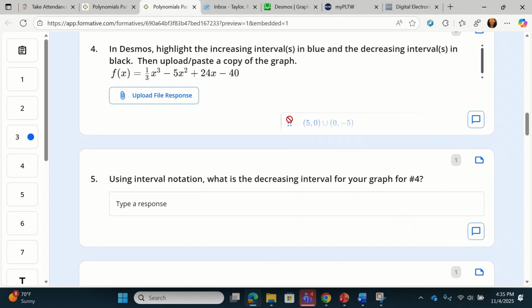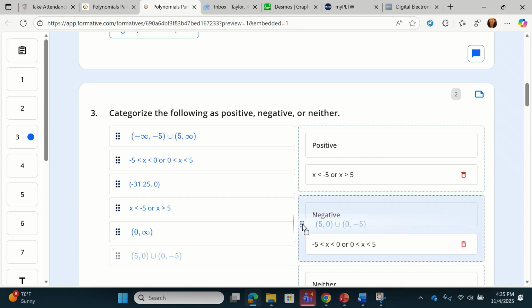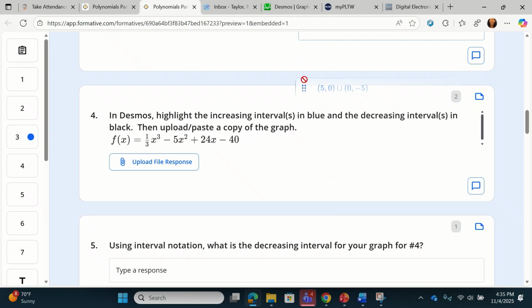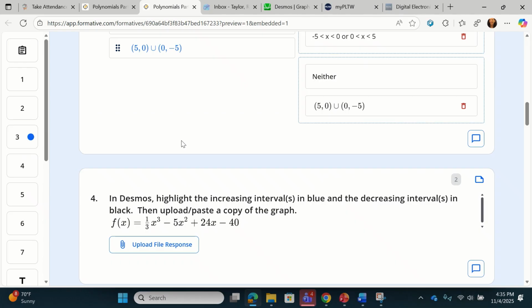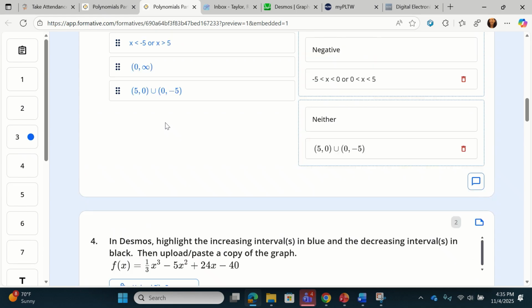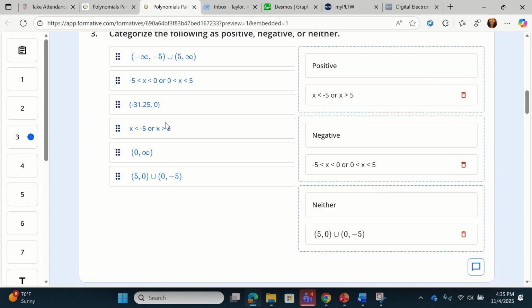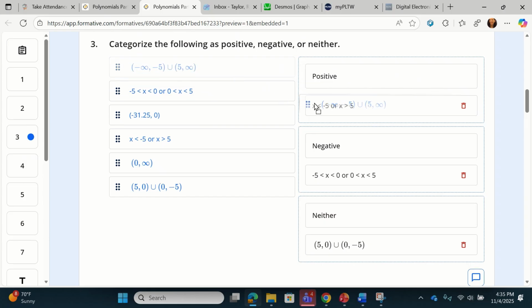I've got to categorize that as a neither. I think I meant to switch the 5 and the -5 there. But I didn't. So like I said, I'm going to find issues. -infinity to -5, 5 to infinity. That's this one. So less than -5 would be here. So this is positive.